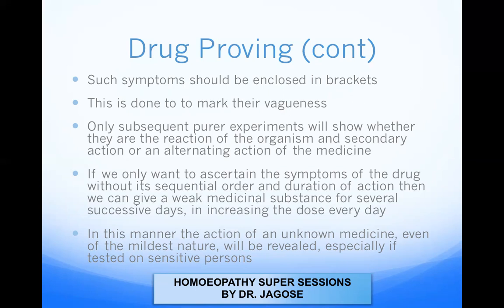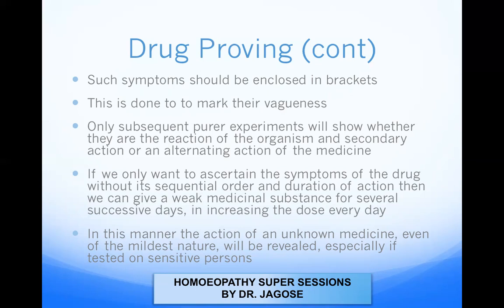In part 3 also, I've told the same thing, that Dr. Hahnemann has said that if you only want to ascertain what symptoms the drug is capable of producing without its sequential order, we can give a weak medicinal substance for several days, but we have to increase the dose every day.